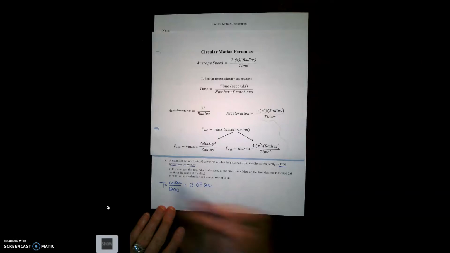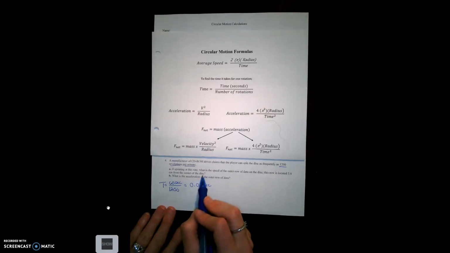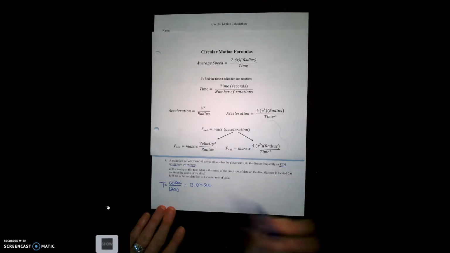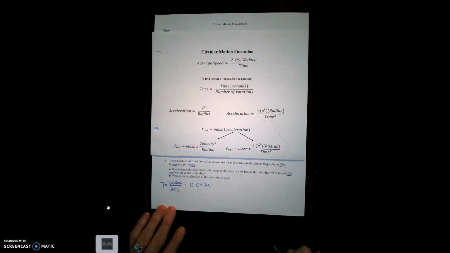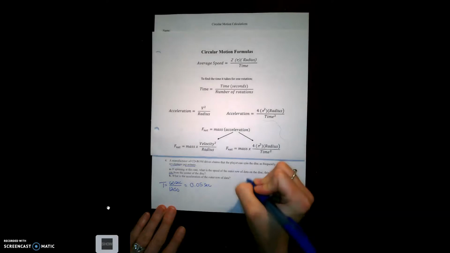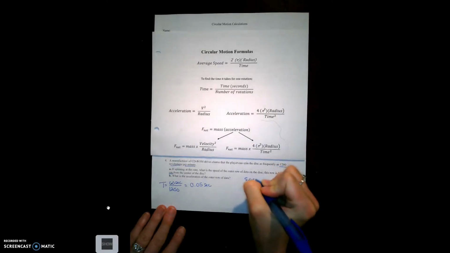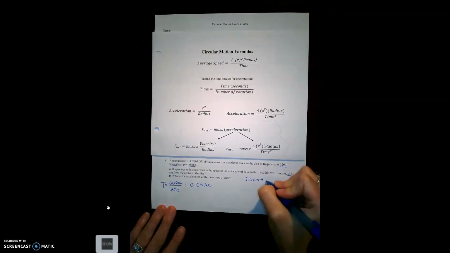Then it asks for the velocity, which we have here. The radius that they give us is 5.6 centimeters. Again, if it's centimeters, you're going to convert that to meters, which is 0.056 meters.